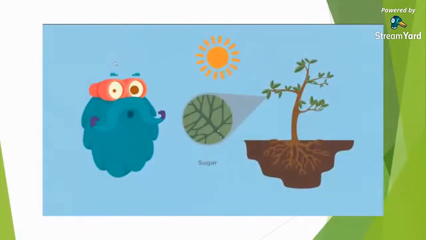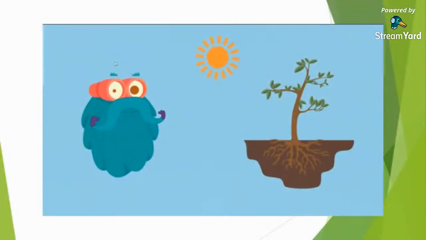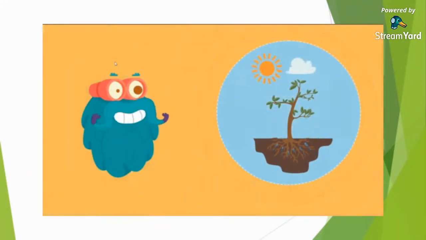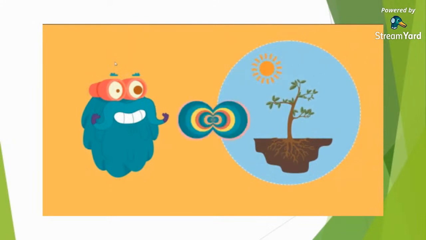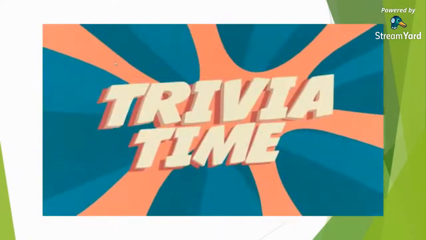The sugar is then used by the plants as their food, and the oxygen is given out into the atmosphere. This process as a whole is called photosynthesis. Am I right, Mr. Tree? Yes, you are. Trivia time!